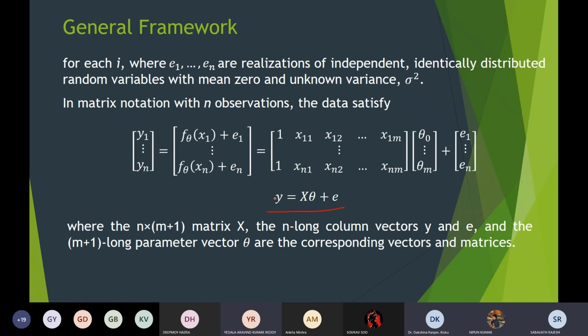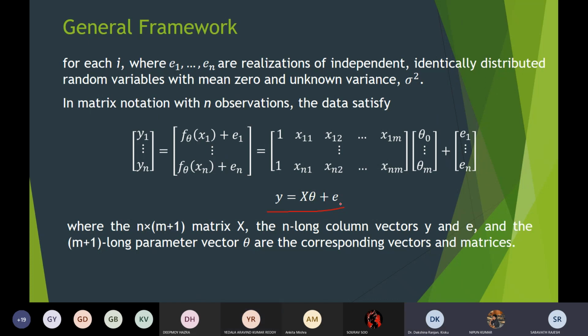What is y here? Y, sir, is the approximated function. Yes, sir. Basically this is the predicted value that we are going to determine. This capital X refers to the collection of independent variables or explanatory variables, and theta refers to the model parameters.